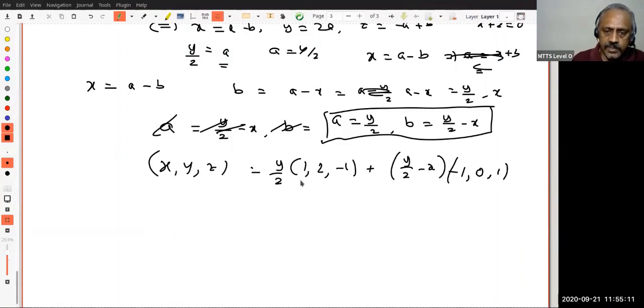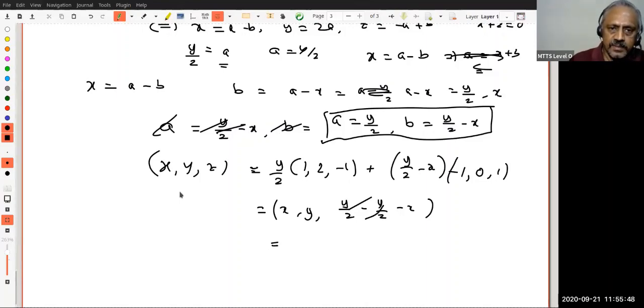Now you can check the first coordinate: y by 2 and minus y by 2 get cancelled, and minus 1 times minus x gives me x. The second coordinate: y by 2 into 2 is y, and here it is 0, therefore it's y. And the third: minus y by 2, then minus this object, which gives minus x, therefore this is the vector.